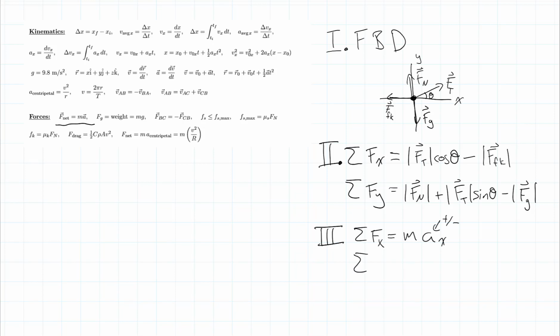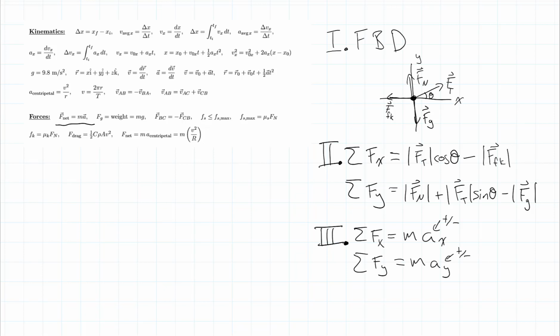And then similarly, your sum of the forces in the Y direction is equal to the mass times the acceleration in the Y direction. And you want to be careful, is that positive or negative? And so basically you take your equations that you set up from part 2 and then set them equal to the motion. And then you can start plugging things in and working through what the problems are.